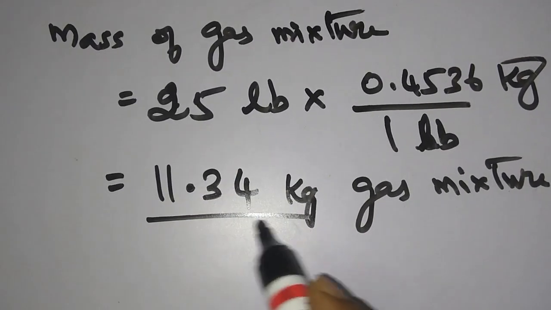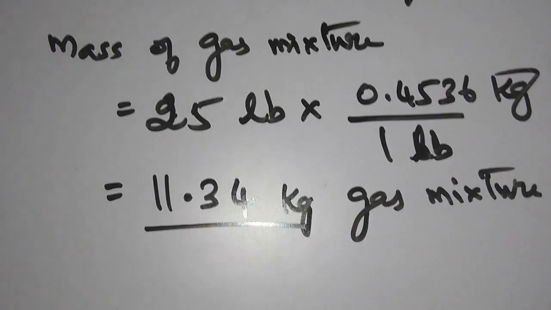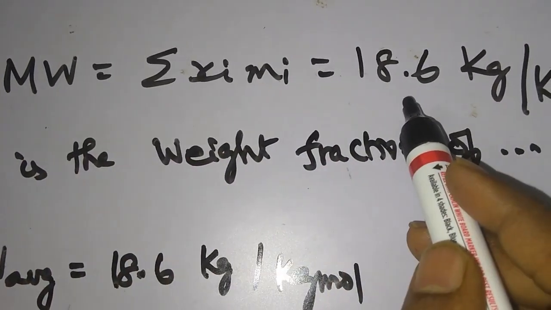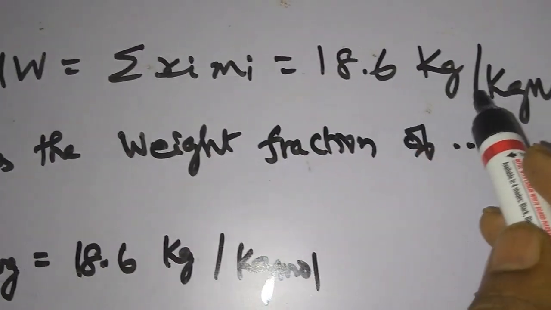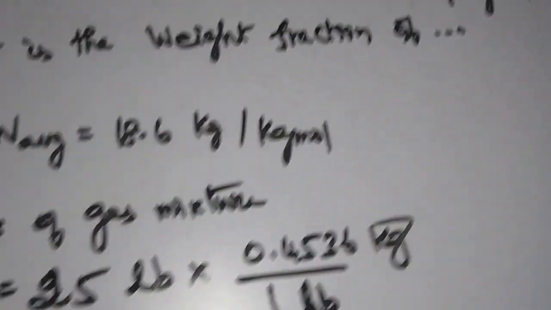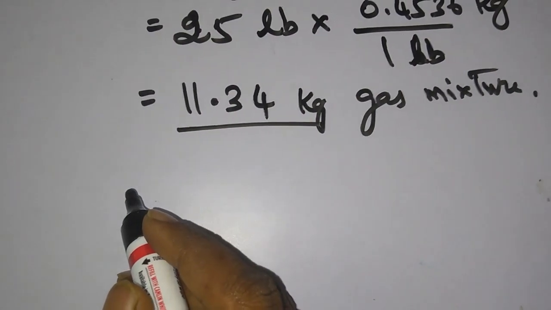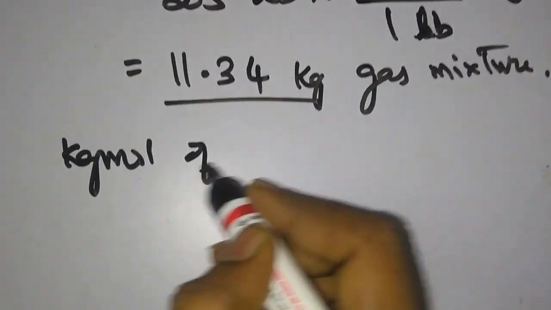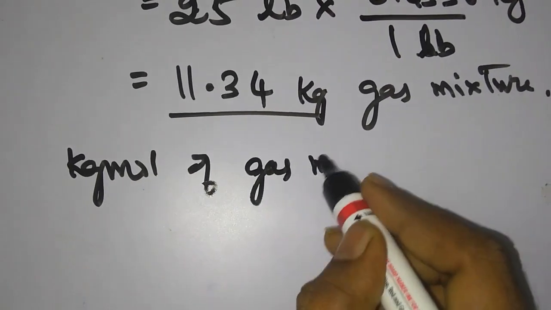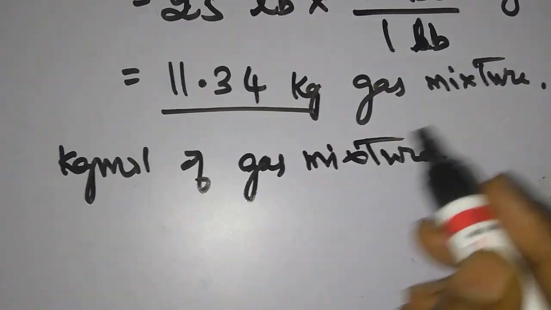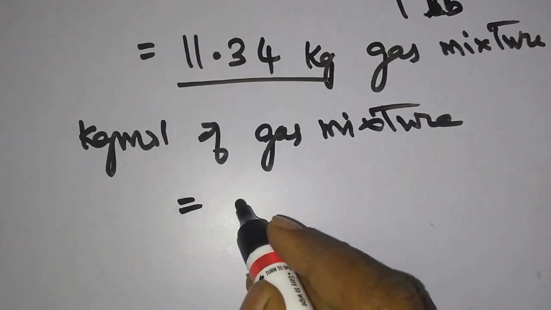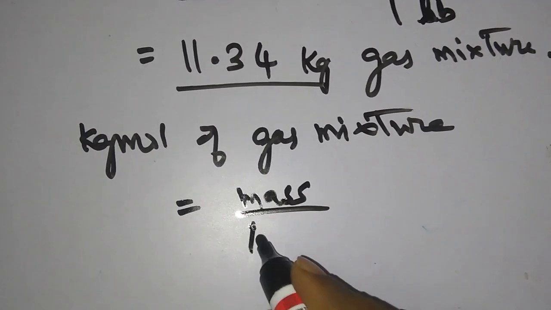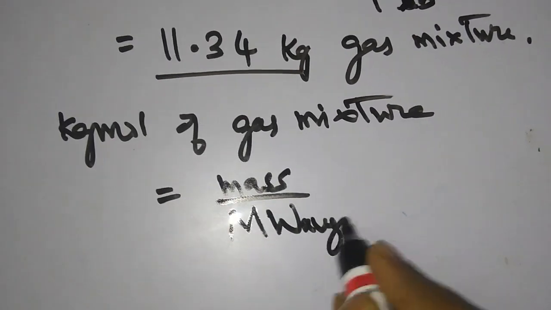Mass of the gas mixture is 11.34 kg, and we have determined the average molecular weight of this composition, 18.6 kg per kg mole. So we can convert to kg moles. Kg moles of gas mixture is equal to mass by average molecular weight.